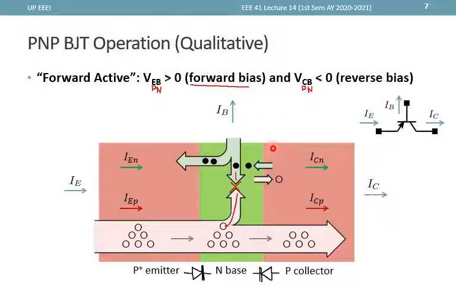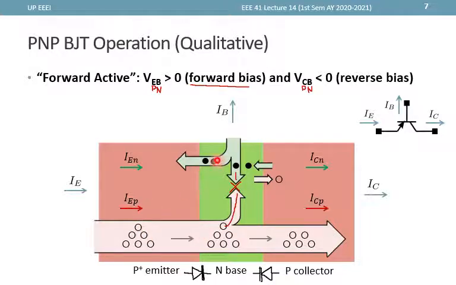Now, we can actually define the currents here as IEN and IEP to represent the current due to electrons and due to holes, and here the collector current due to holes and collector current due to electrons. Now, note the direction. Since holes are flowing to the right, then IEP is positive.